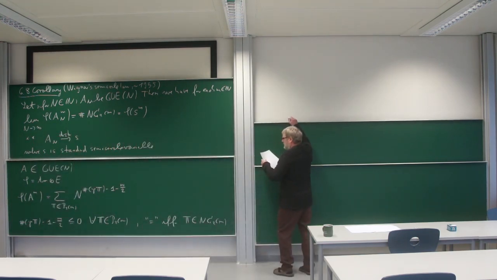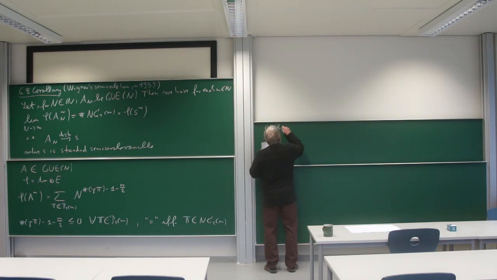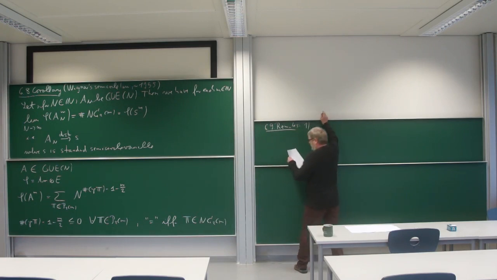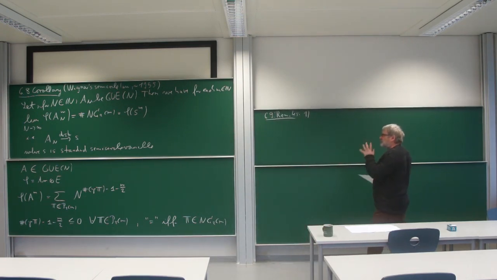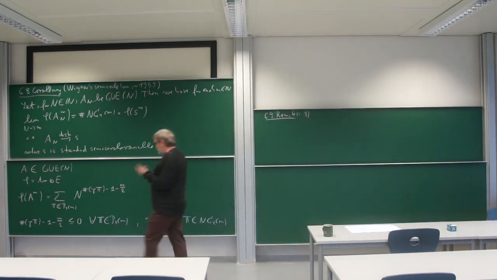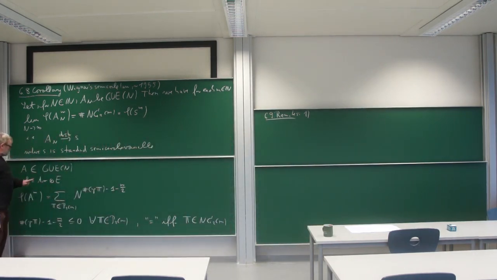Good, so then that's what I want to write down as a remark. And mainly the first remark which I want to make is about the notion of convergence. So what we are showing here is that we have convergence in an average sense, so we're taking the expectation. And usually in random matrix theory, you can improve this to much stronger forms of convergence, namely you usually have almost sure convergence. And this is true here, and it will also be true in other theorems which I'm telling you, but we are not going to prove those things.